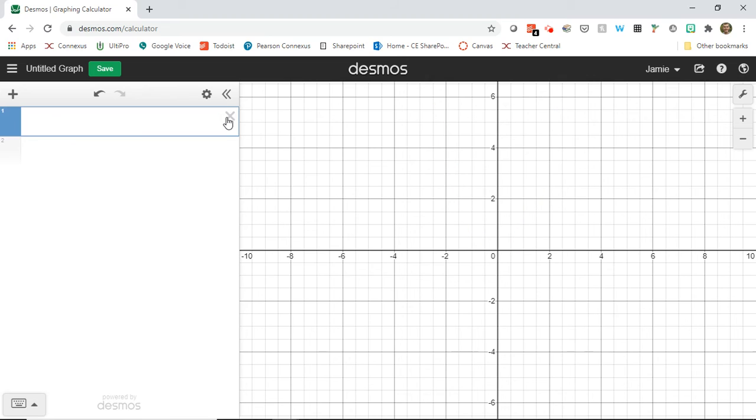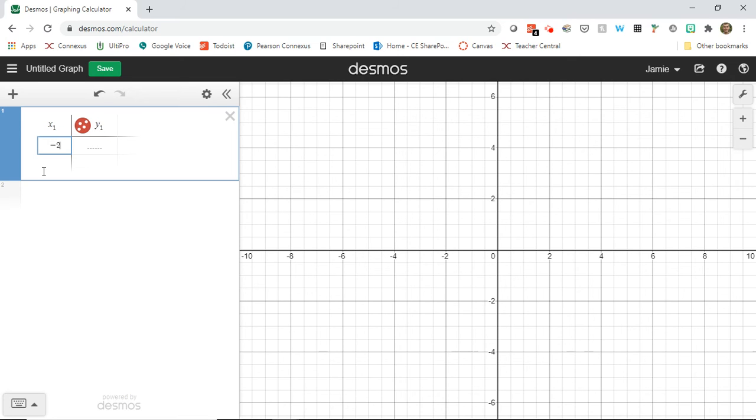Now in this case, we were given a table of values, and I can go ahead and create a table here too. If I click this plus sign to add an item, I have some options. There's function notation right there. I'm going to use a table. And now I can just enter in the x and y values that I was given.